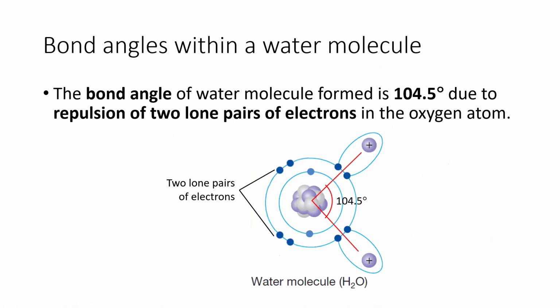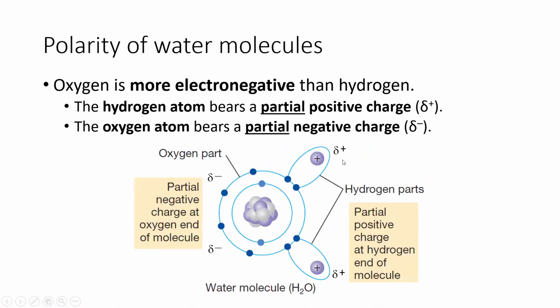The bond angle of the water molecule formed is 104.5 degrees due to repulsion of the two lone pairs of electrons in the oxygen atom.